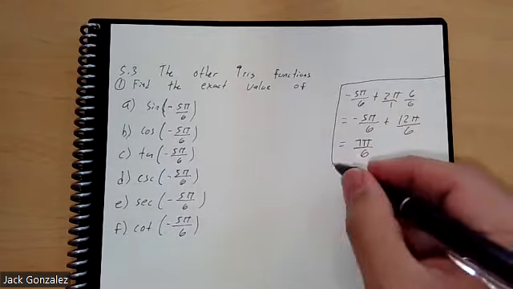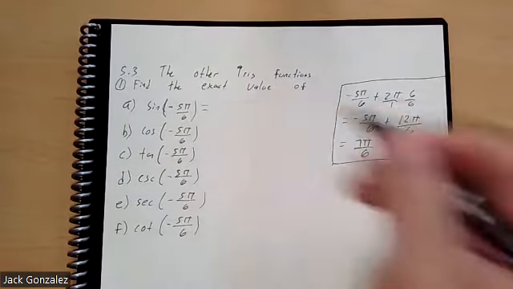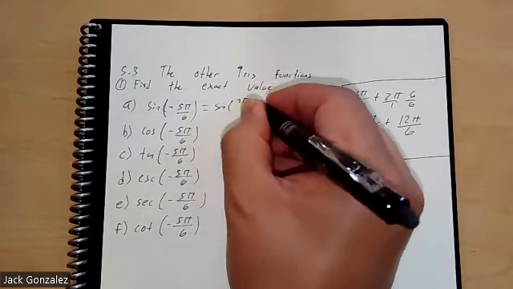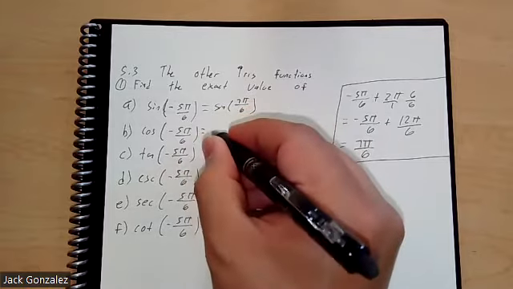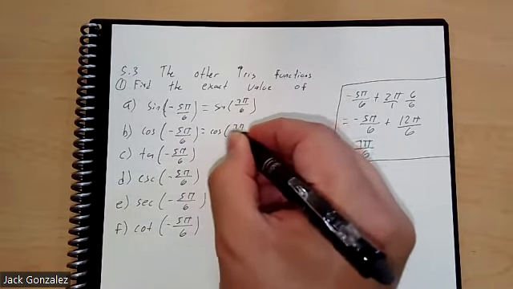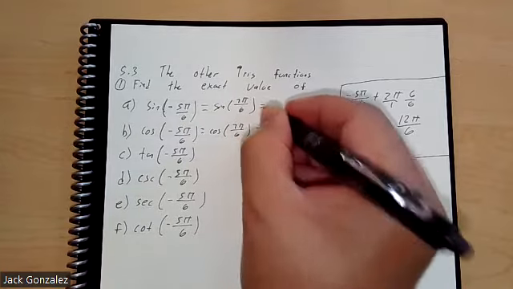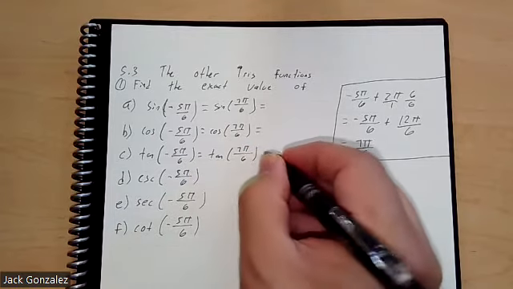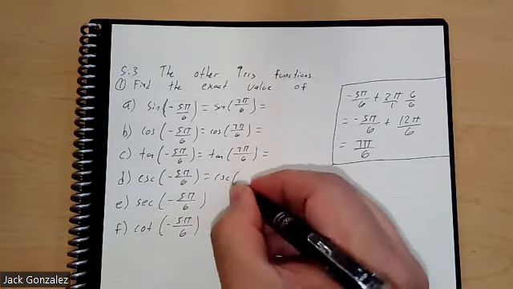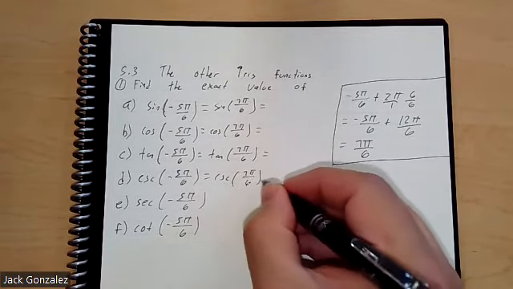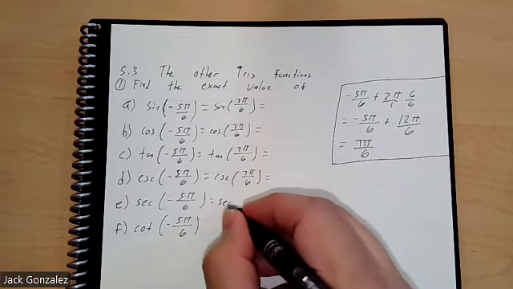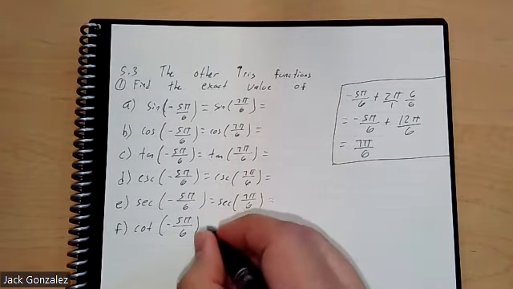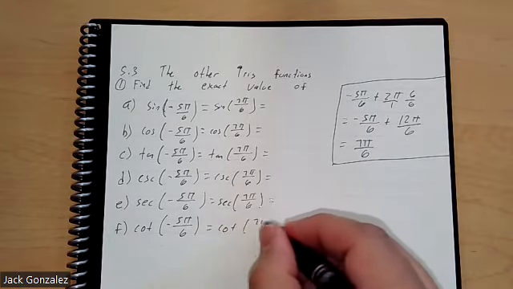My scratch work over here. So that's the same as finding sine of 7 pi over 6. So that should be on the circle. So I'm just going to change it to the coterminal angle. And then we'll solve it.